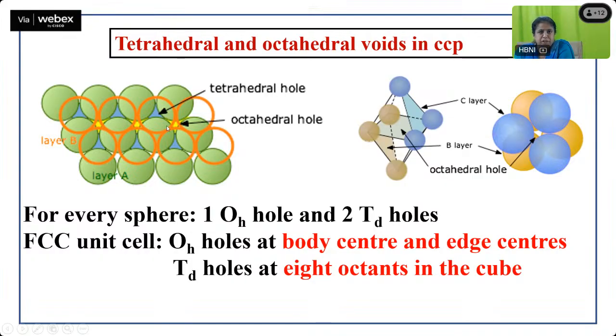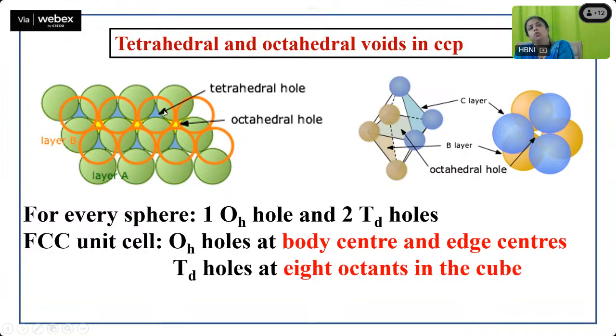Now, if you concentrate on this particular orange atom, consider this as the tip, and consider these three green spheres as the bottom. What is it? It's a tetrahedron. So the space between this orange atom in the second layer and the three green atoms in the bottom layer is a tetrahedral hole.